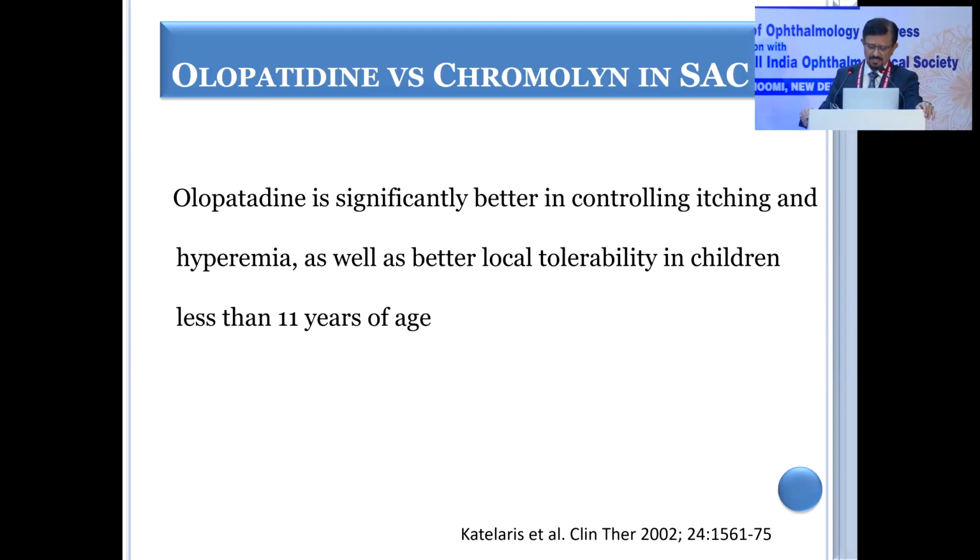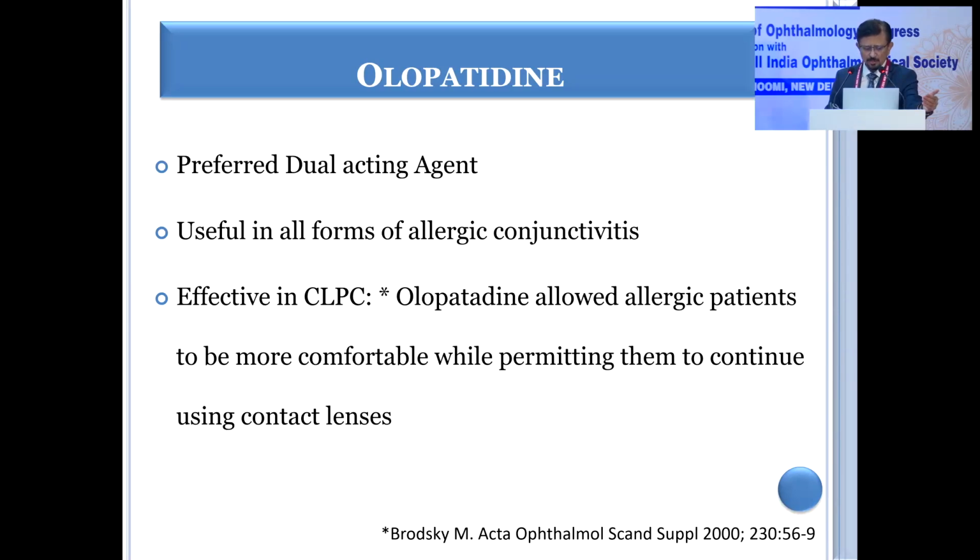For obvious reasons: this is a study which compared olopatadine versus cromolyn, and they found that olopatadine is more effective, obviously because it has a dual action. So olopatadine is the preferred dual-acting agent, and it is very effective in all sorts of allergic conjunctivitis, whether it's VKC, seasonal allergic conjunctivitis, or contact lens associated papillary conjunctivitis.